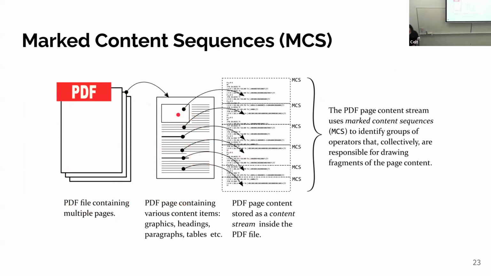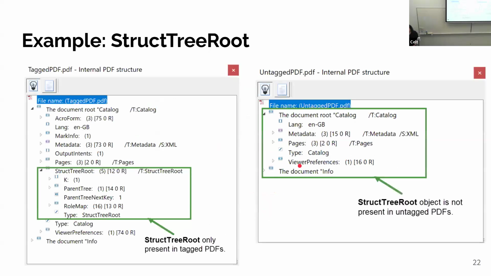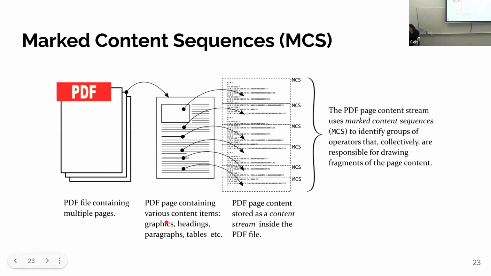So we have graphics, headings, paragraphs, you might have tables, etc. Each of these content types is stored as a content stream inside the PDF file, which is very similar to this concept here. This could be considered the content stream.